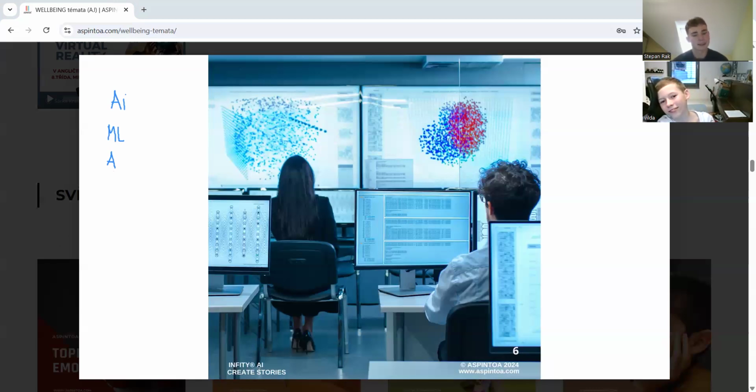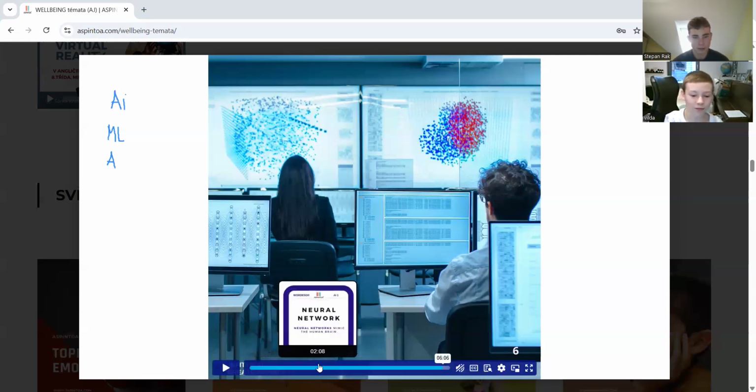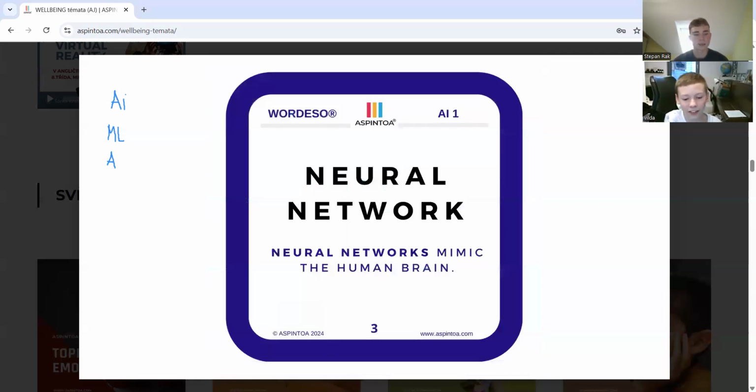Yeah, it's quite a difficult word or a series of words, maybe. Neural network. Network. And data. We are missing two more. Let's take a look.